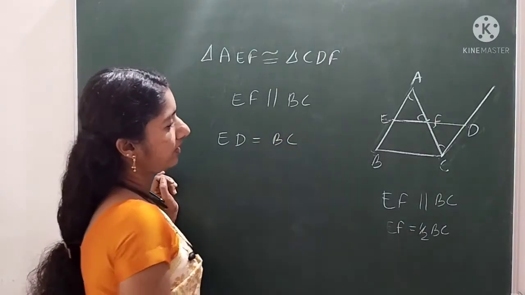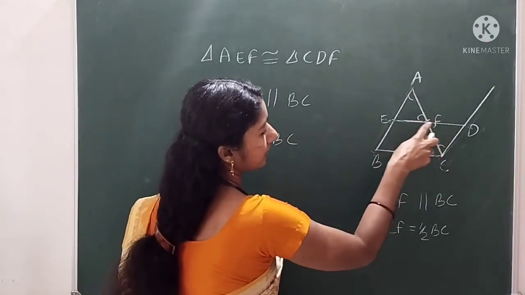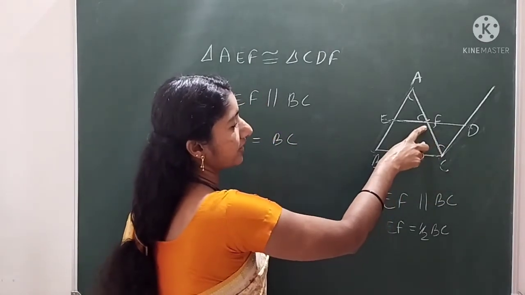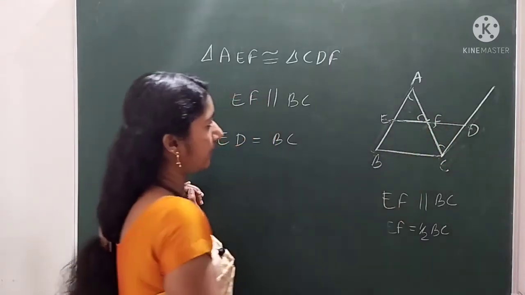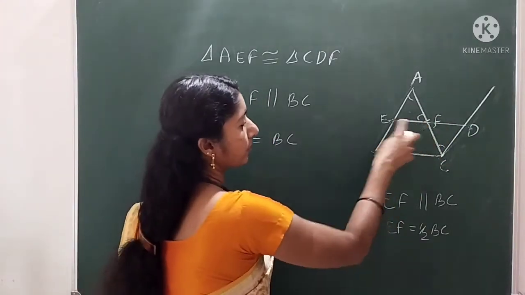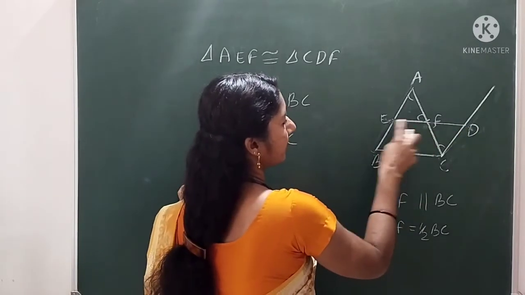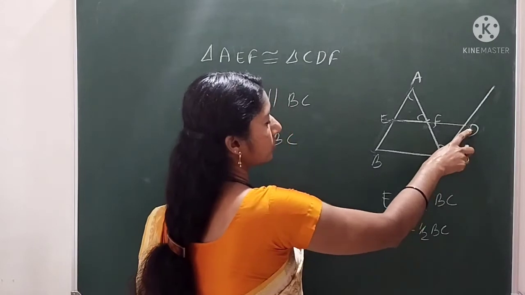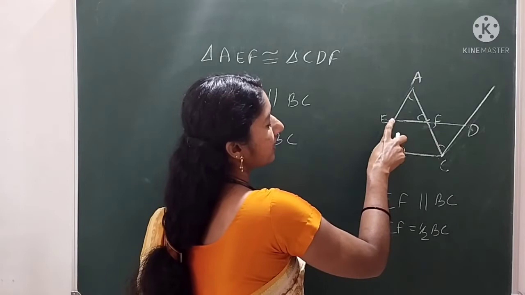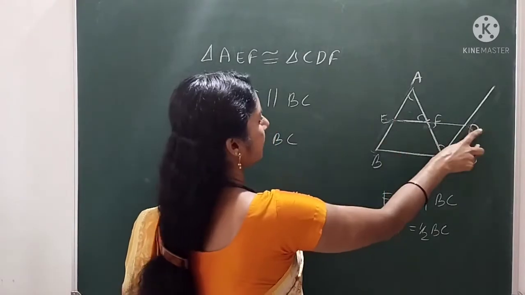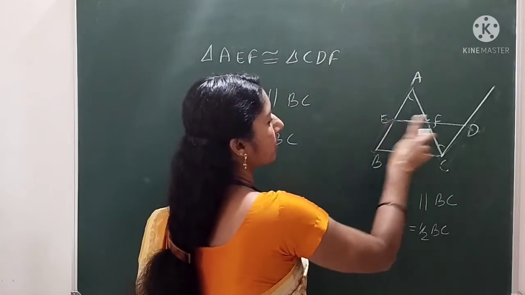F is the midpoint of ED. How did we get F as the midpoint of ED? Since these two triangles are congruent, EF and DF are the same. So F is the midpoint of ED. So we can write ED is equal to 2 times EF, or EF is equal to half of ED.